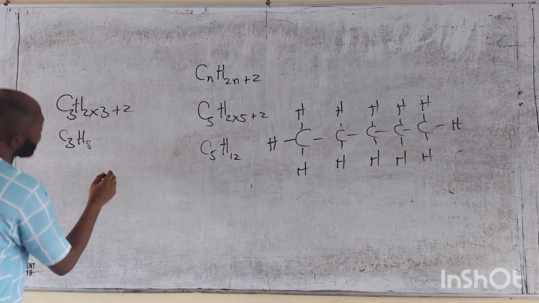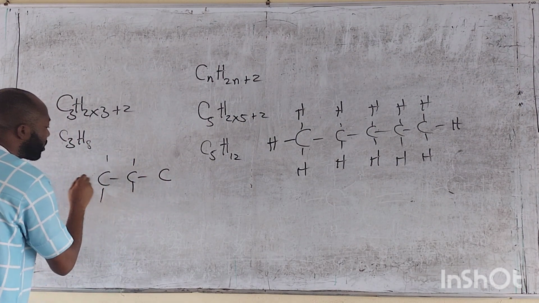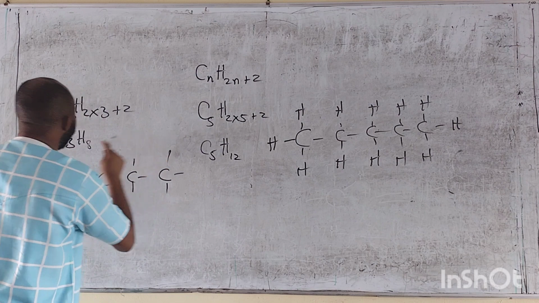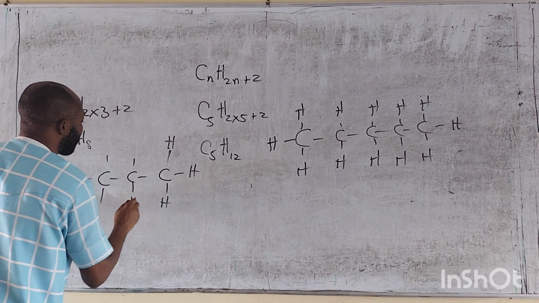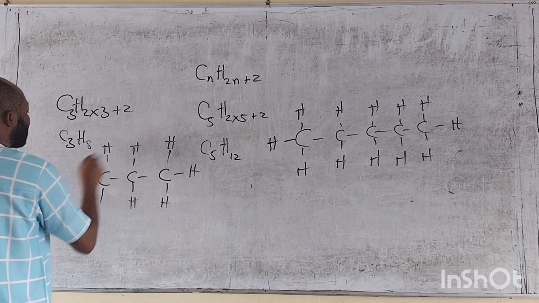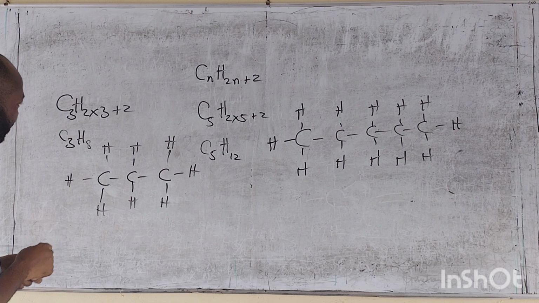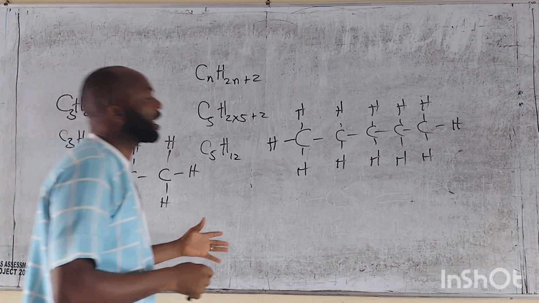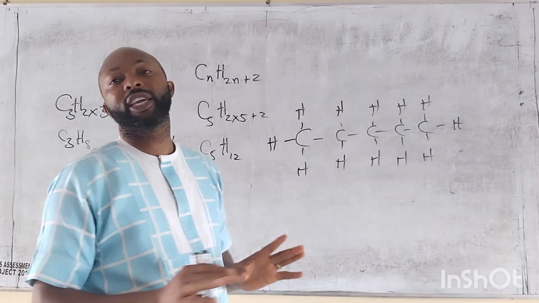The structural formula becomes 1, 2, 3, 1, 2, and 8. So if I put my 8 hydrogen, 1, 2, 3, 4, 5, 6, 7, and 8. And so on and so forth. So with this, we can easily write out the structural formula for any member of our alkanes.